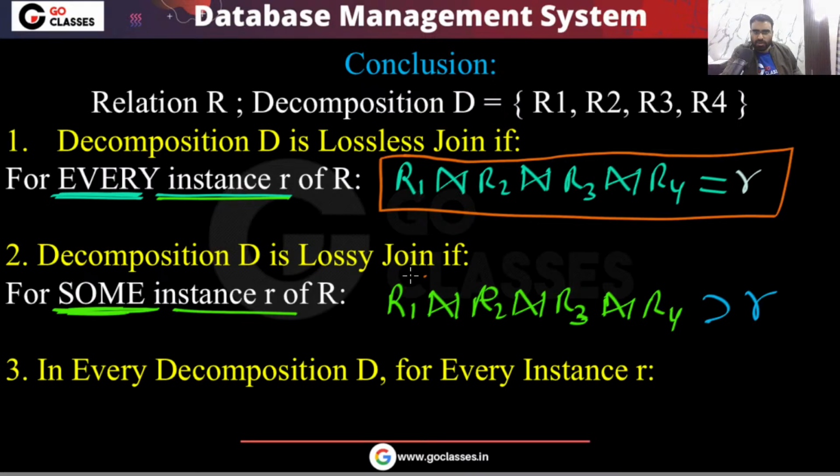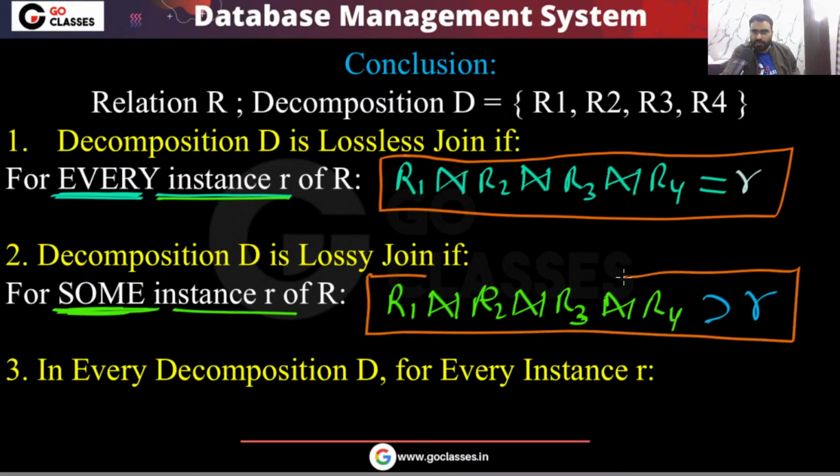Please understand, not for every instance, but for some instance of R. Then we will call it lossy join decomposition, meaning that when we do the natural join of the decomposed relations, we are getting some spurious tuples.